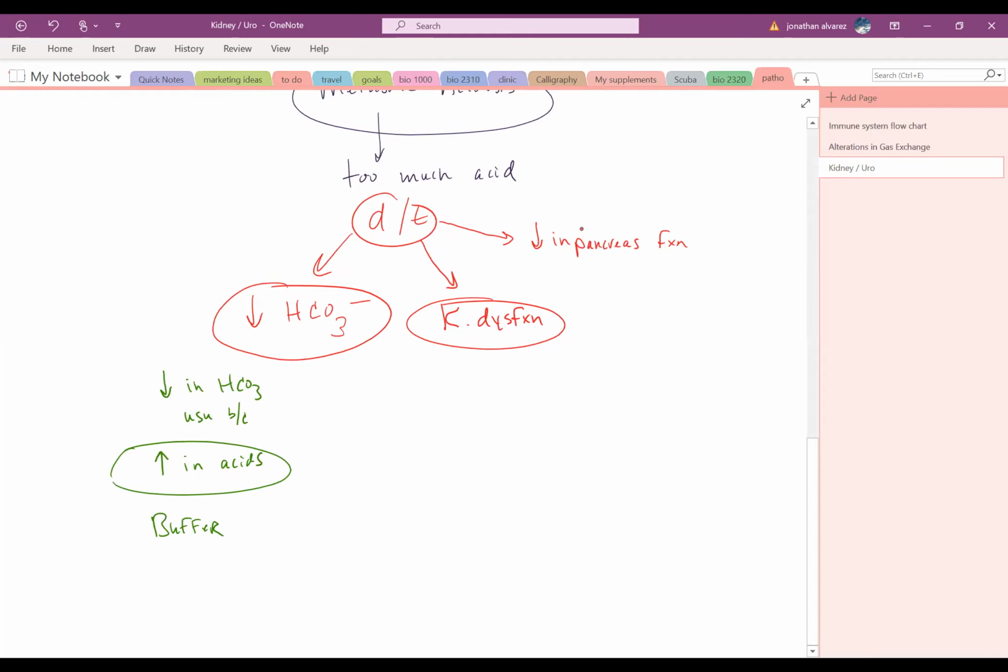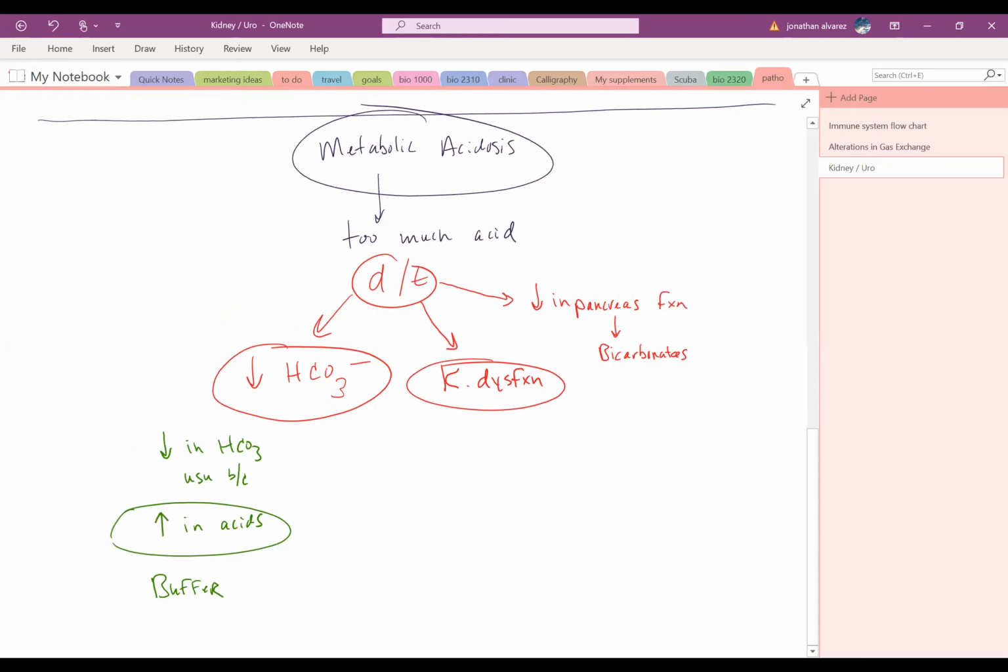Okay, the pancreas does release its own form of bicarbonates. Okay, so if pancreas is messed up, then one of the things is a decrease in bicarbonates. All right, and this one will also show signs and symptoms of GI dysfunction, since the pancreas is involved in a ton of gastrointestinal function and digestion.